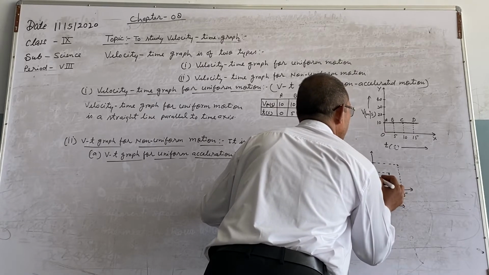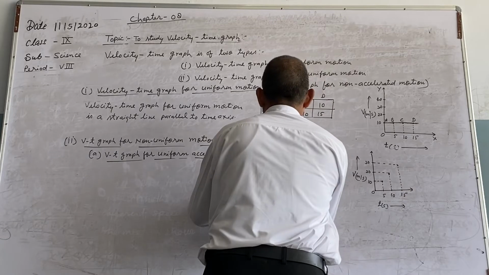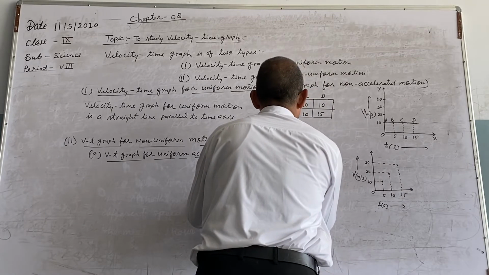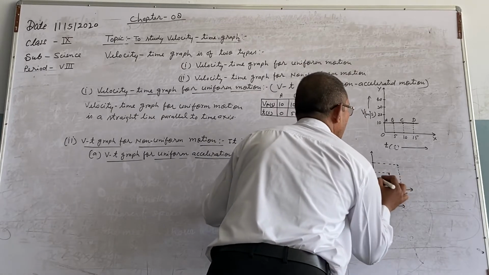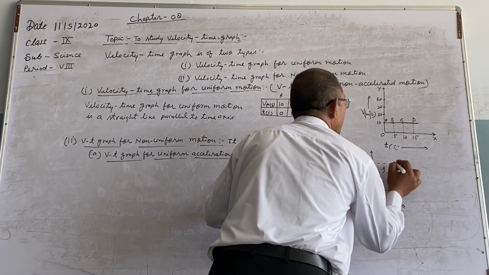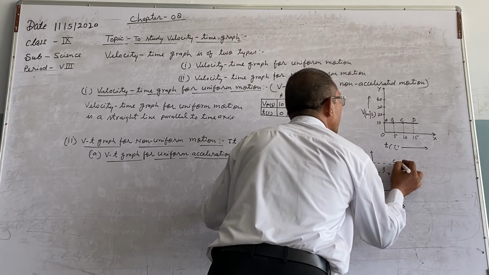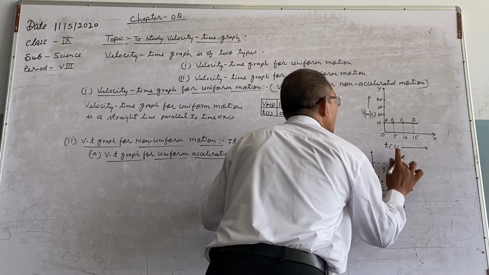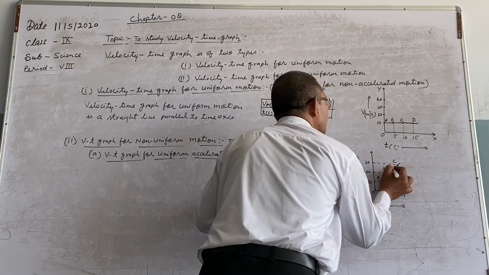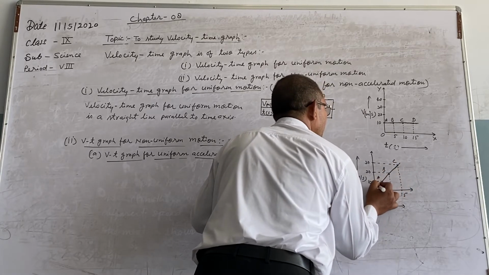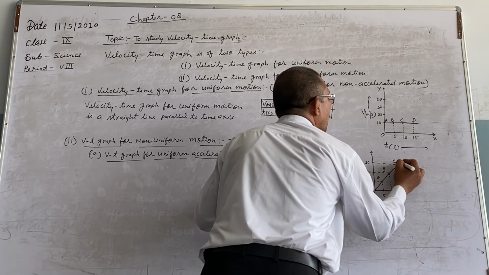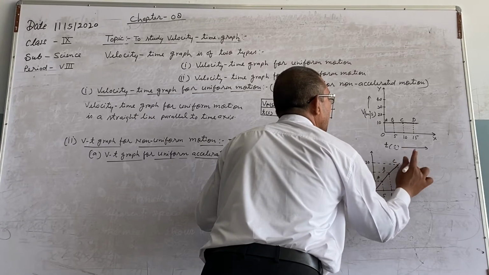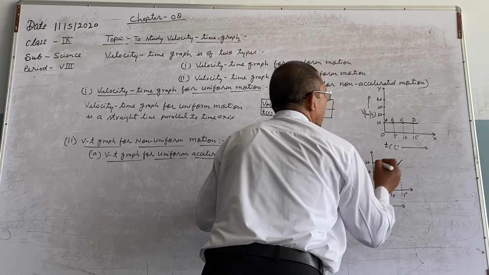Now join them. O, A, B and C. Join them, you will get a straight line, right?